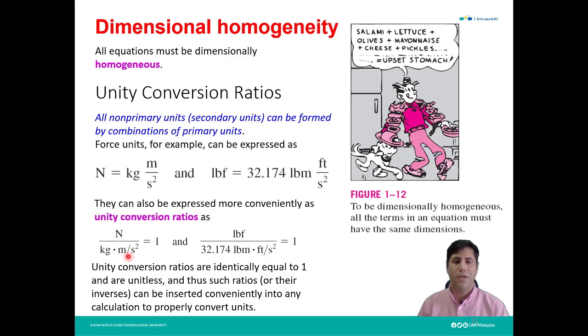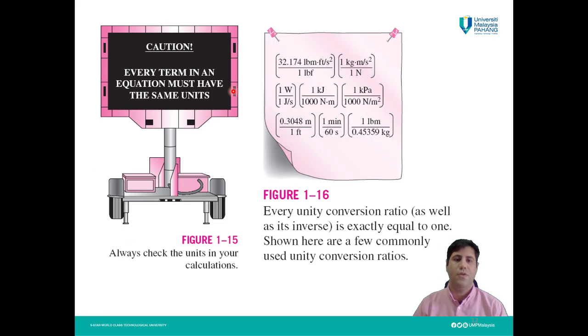So we can put this unity conversion ratio for many of the units in our equations to find the final answer according to the desired unit. You can see here some examples of unity conversion. 1 kilopascal is 1000 Newton per meter squared.